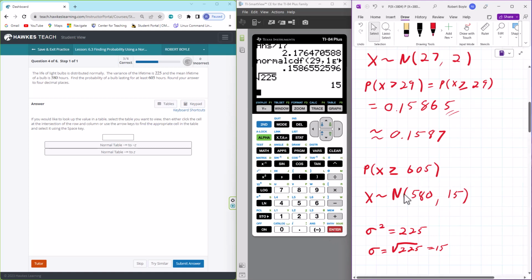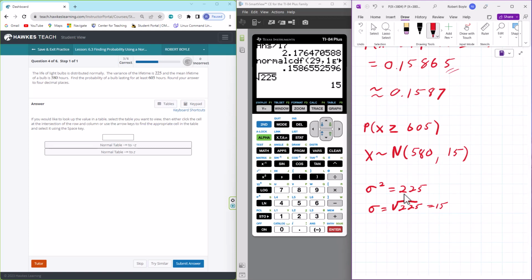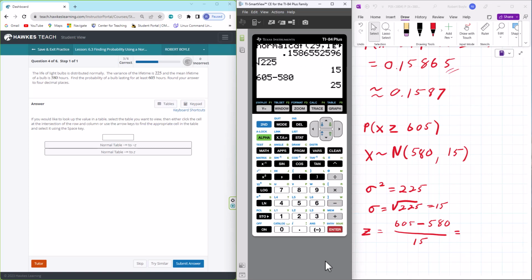Okay, the first thing that we need to do is figure out what the z-score is. So the z-score is going to be equal to our x value, which is 605, minus 580, divided by the standard deviation, which is 15. Using our calculator, let's go ahead and do the numerator first. 605 minus 580, that's my answer.